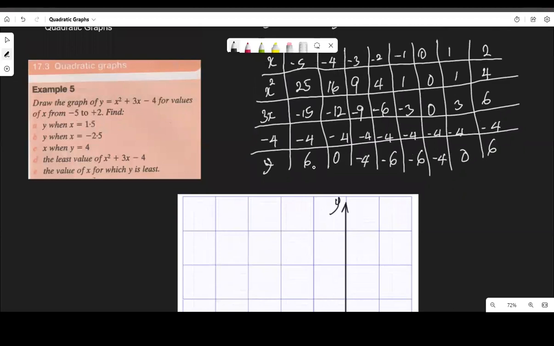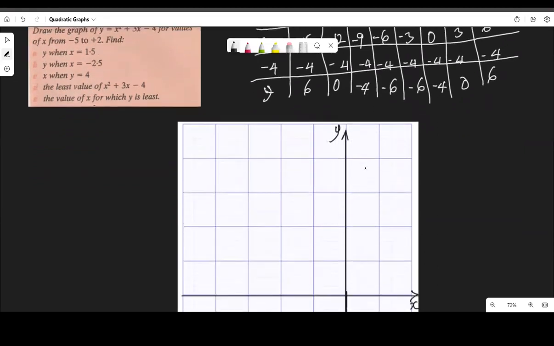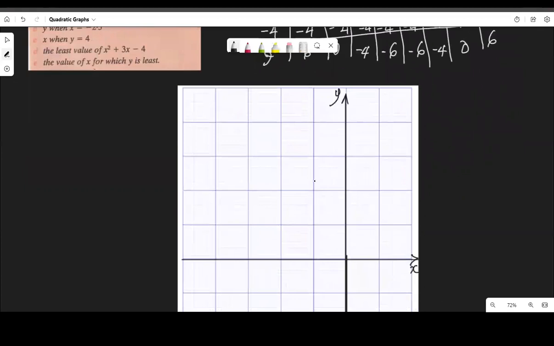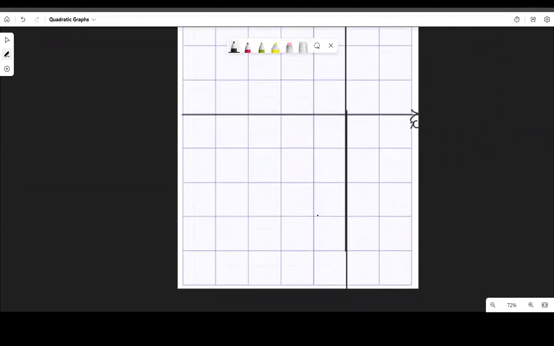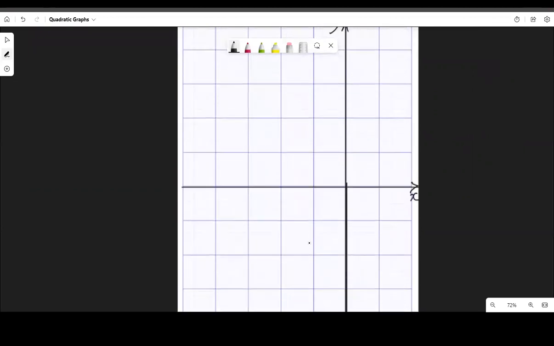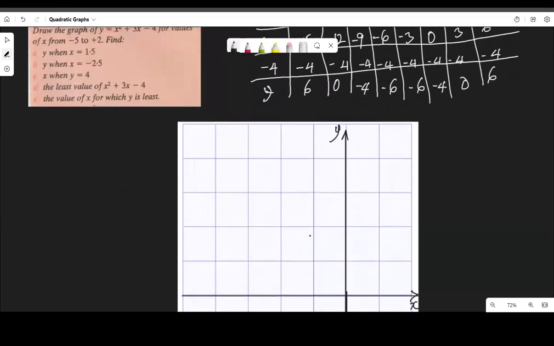Then looking at the values of y, I have positive 6 and negative 6. These are kind of evenly distributed. But looking at this, I don't have up to 1, 2, 3, 4, 5. The highest I have there is 5. But here, let's check, 1, 2, 3, 4, 5. Also 5. So the scale of 2 centimeters to 1 unit will not work along the y-axis.